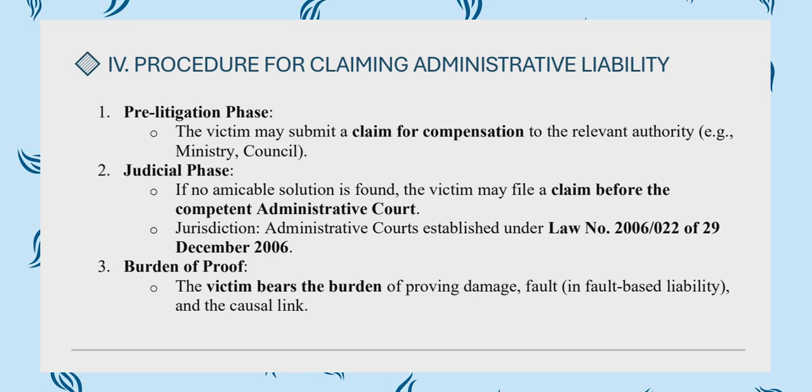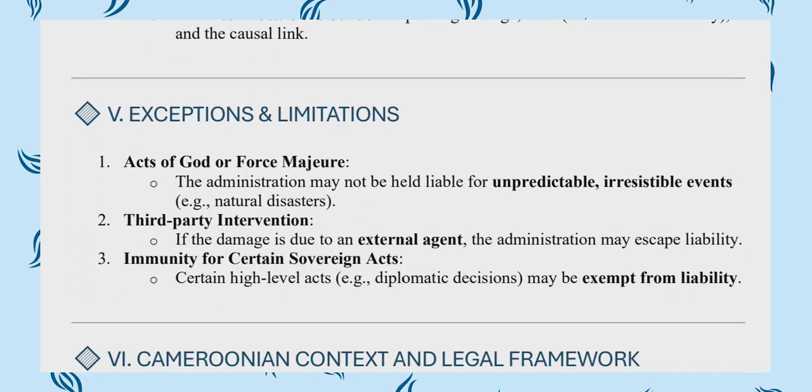You have to prove that the damage exists. You have to prove the fault of the administration, either by action or omission. Then you have to prove a link, that you have suffered this because of this administrator's action or omission.